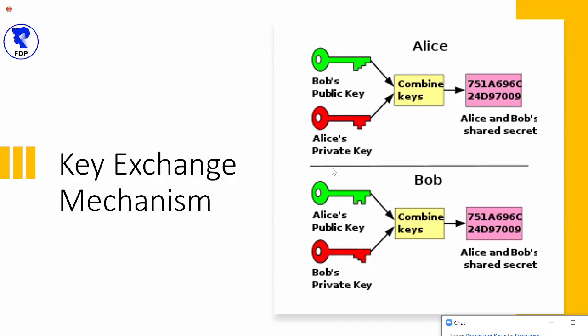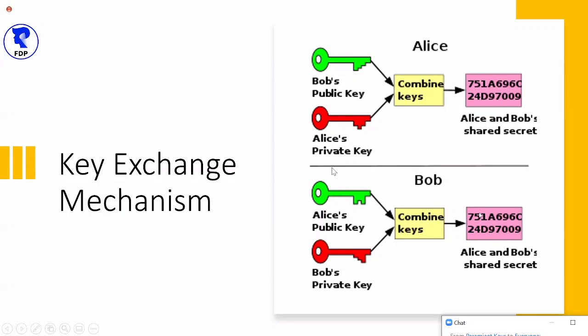All right. So the final value is the same whether Bob's private key and Alice's public key are combined, or Alice's private key and Bob's public key. In this way, this is a shared secret.